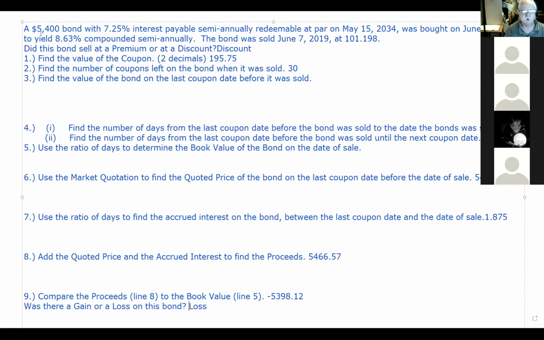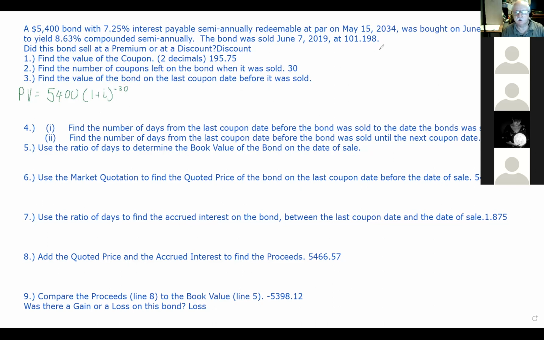First off, we have to find the present value of the coupon itself, 5400. And I won't divide it this time. I'll go 1 plus i to the power of negative 30.